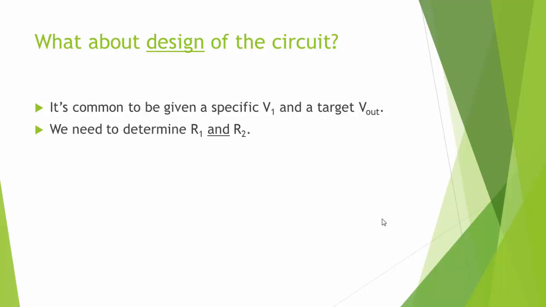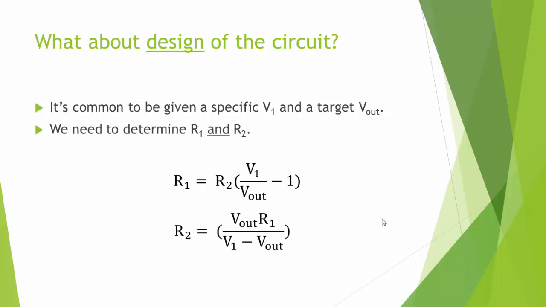And for this situation, we need to be able to determine R1 and R2. So there are expressions specifically for this as well. R1 is equal to R2 times V1 over Vout minus 1, and so on.